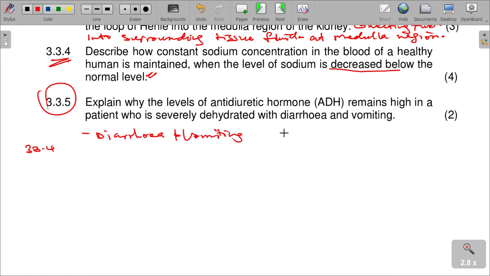Diarrhea and vomiting lead to excessive loss of water and salt, and then a drop in the level of water in the blood, which causes dehydration.